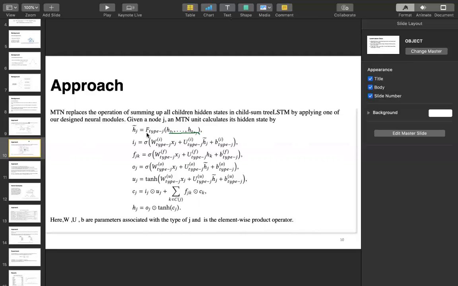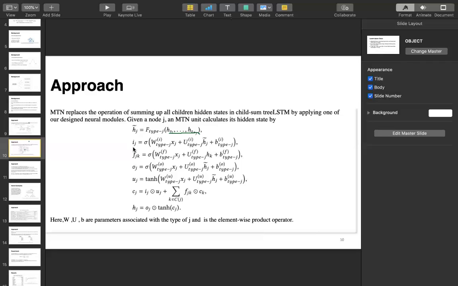We apply the specific neural module for the node j, and we get the hidden embeddings for the node j. But this hidden embedding is not the final embedding. We go through the same process as the tree LSTM.